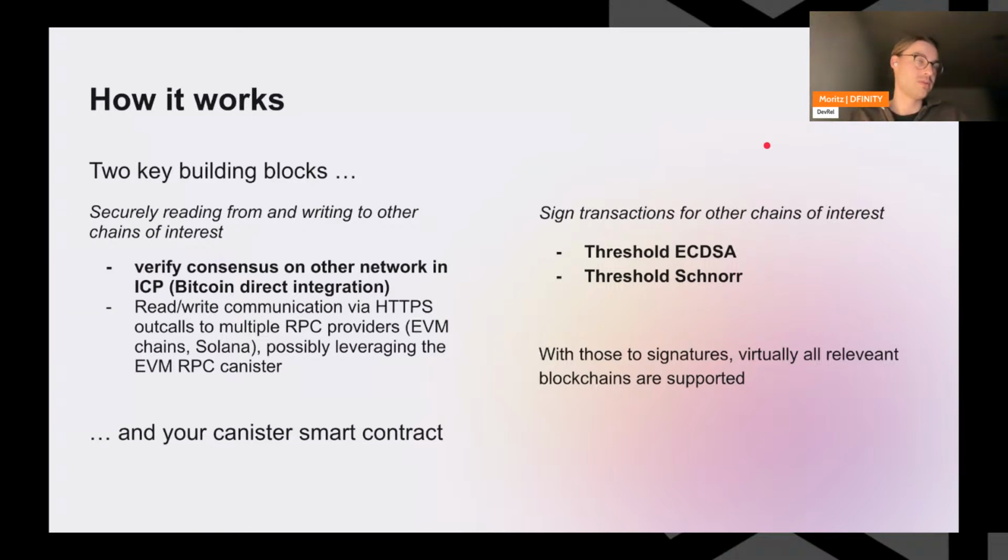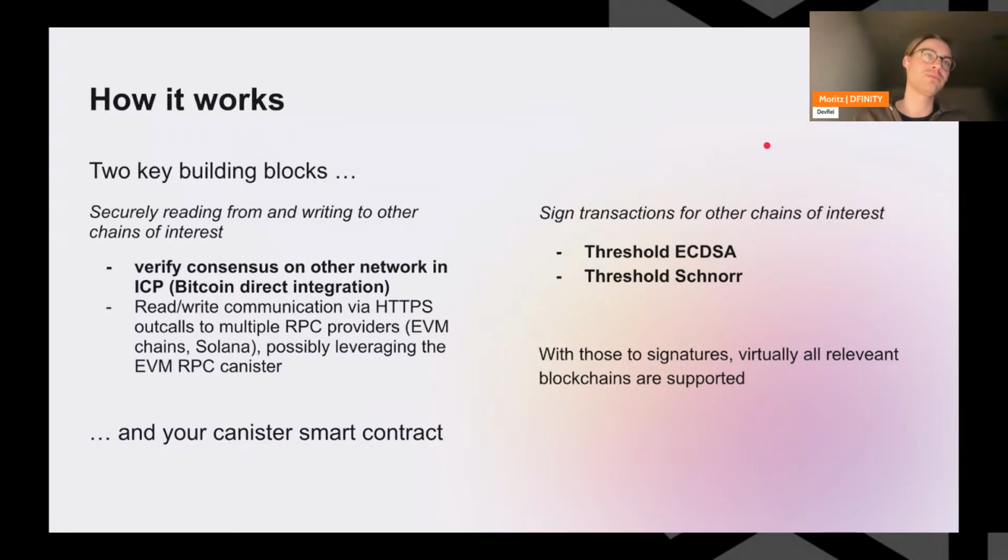So, securely reading from and writing to other chains of interest, as it's written on the slide. What you need for that in the case of Bitcoin is to be able to verify the consensus of the other network within the Internet Computer. And you also need to be able to sign a transaction for Bitcoin. This is where we use threshold ECDSA and threshold Schnorr.